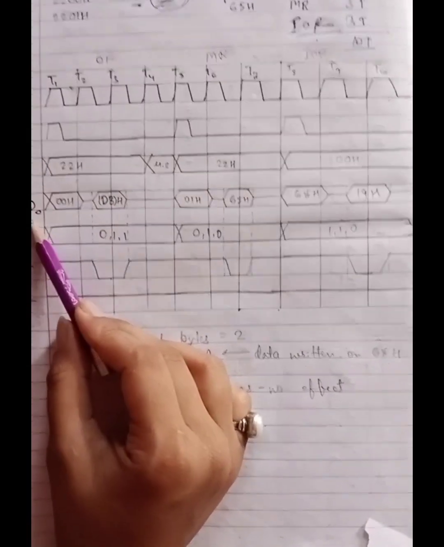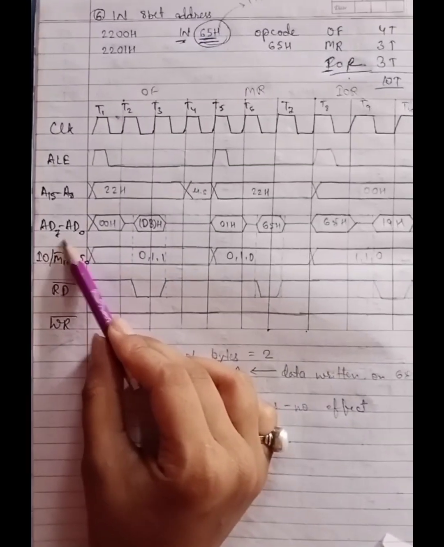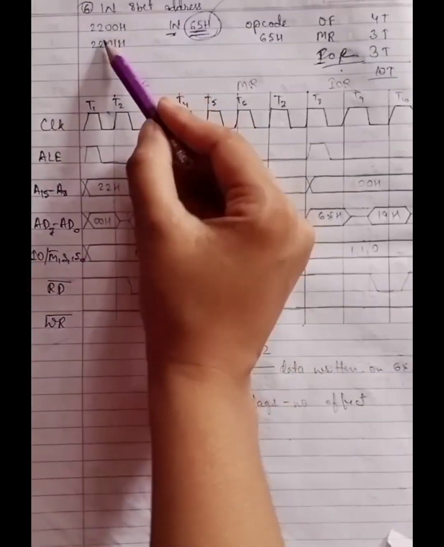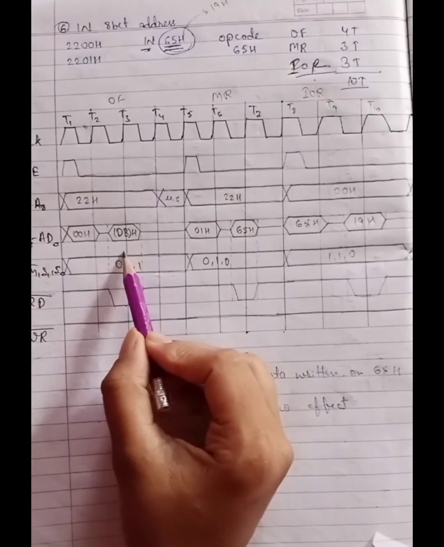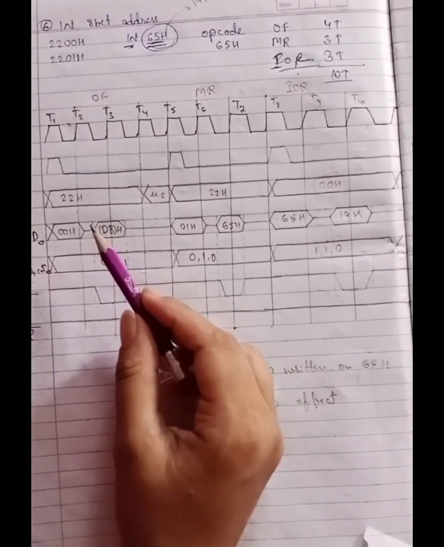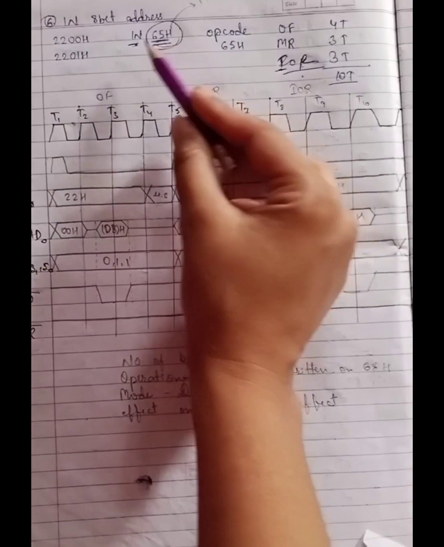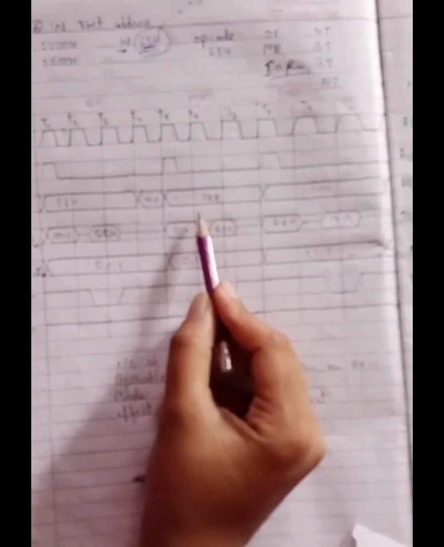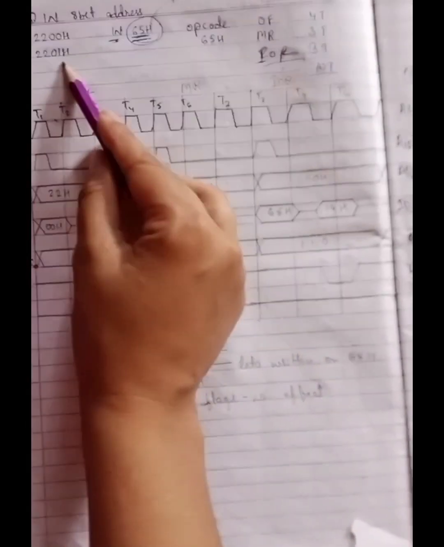Next is the multiplexed bus, which is AD7 to AD0. First of all, it will take 00H for 2200H. Next is DBH. DBH is for the data which is put at this address, which is the opcode of IN, right? Next is 22H, for which the lower byte is 01H.